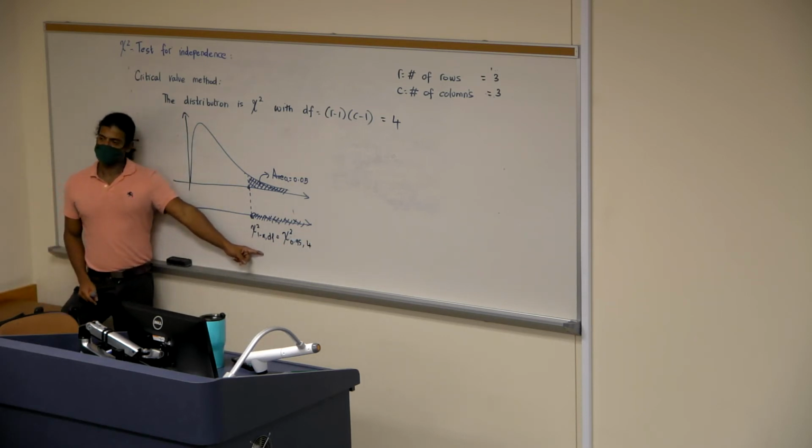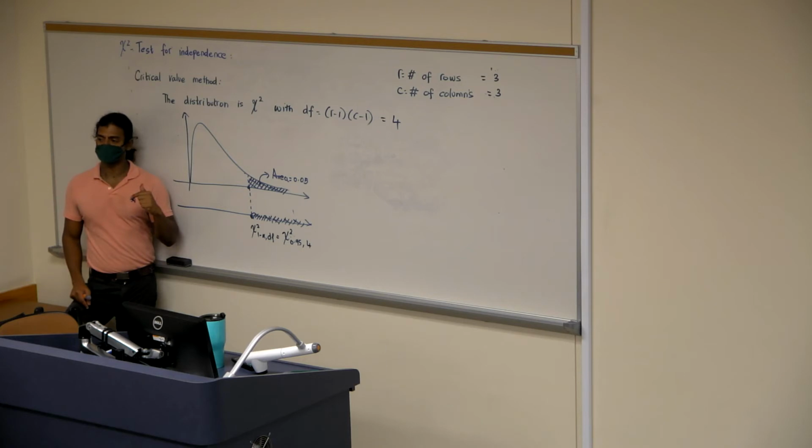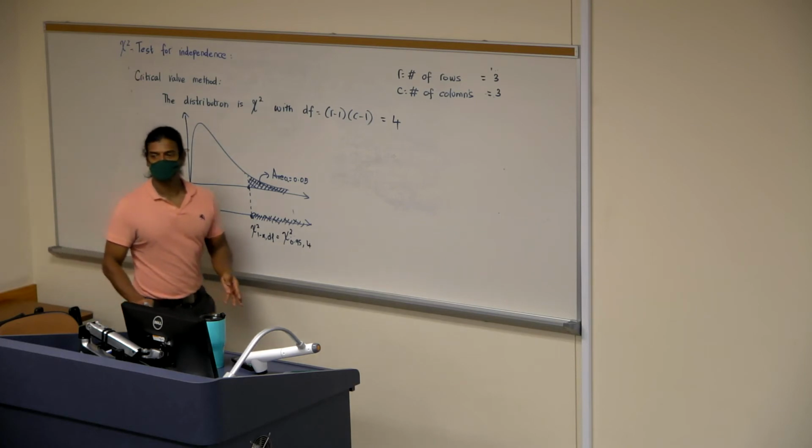So I'm looking at the area below. What did we use last time to find the critical value? We needed something.